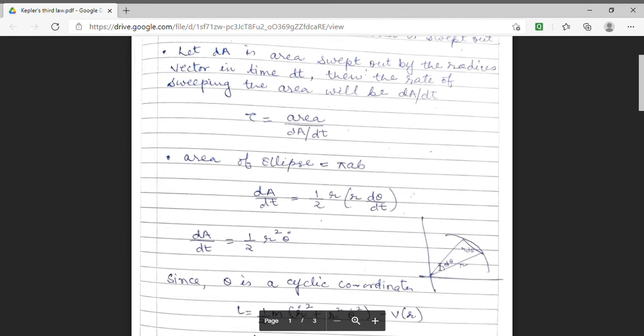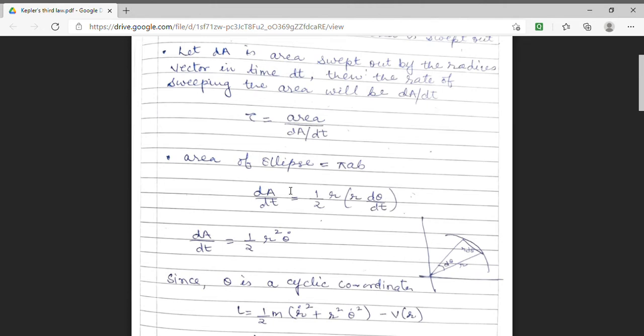Here the height will be r d theta, as angle is equal to arc upon radius, so arc will be r into d theta. So my area dA will be half base into height, half base is r and height is r d theta.